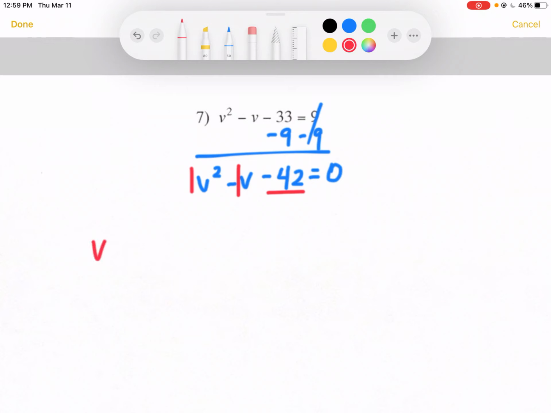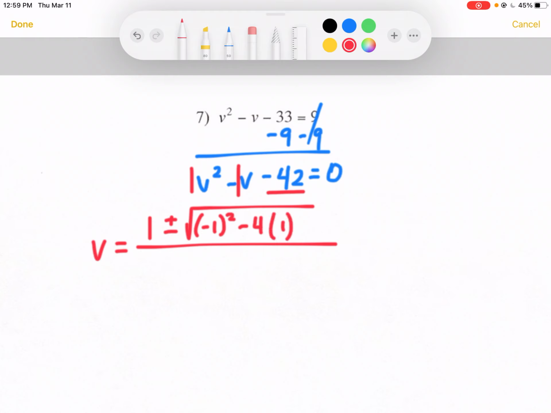So I can say v equals 1 plus or minus the square root of -1 squared minus 4 times 1 times -42, all over 2 times 1.